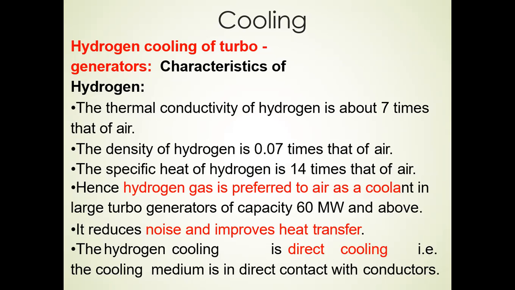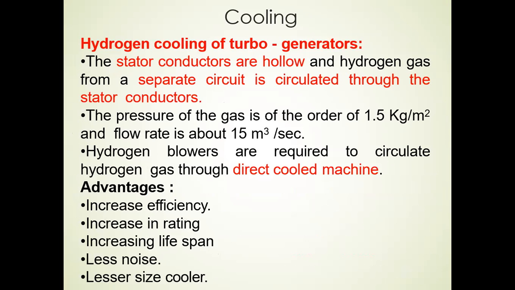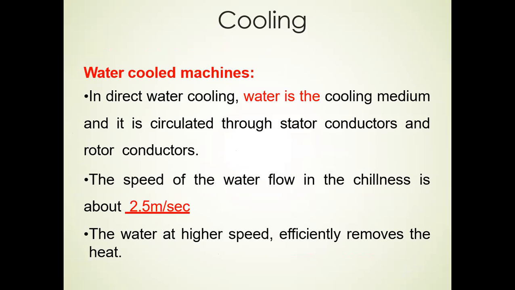Hydrogen cooling is direct cooling. The cooling medium is in direct contact with the conductors. So the thermal conductivity of hydrogen is very important for this cooling system. The hydrogen gas is passed through the rectangular tubular cross-section rotor conductors.